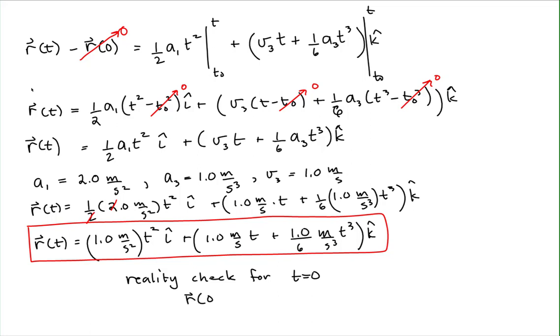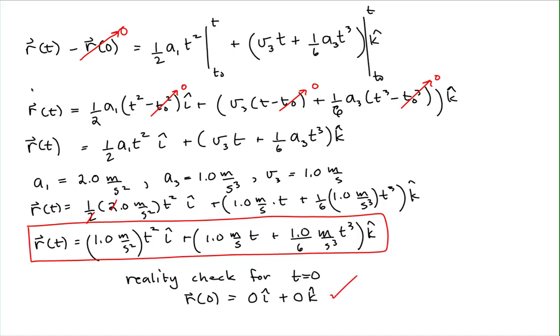So when we plug in 0 for our expressions, notice the x component has a t squared in it. The x component ends up being 0. The z component, both terms have t in it, and when t is equal to 0, each of those terms is equal to 0. So yes, our function at least checks with our initial value.